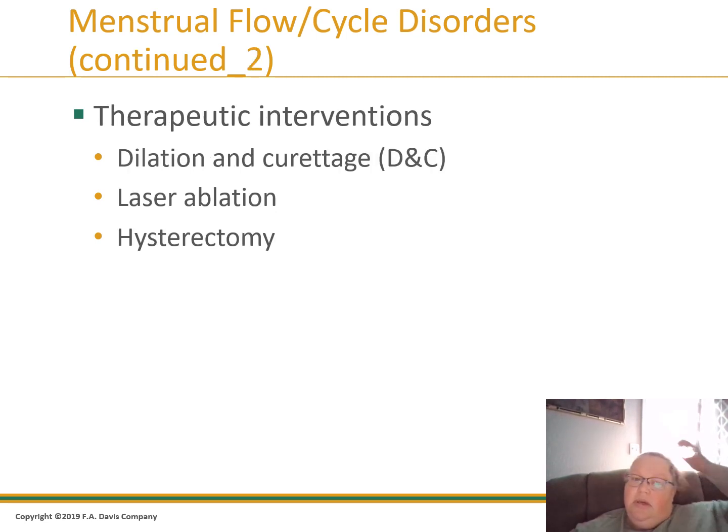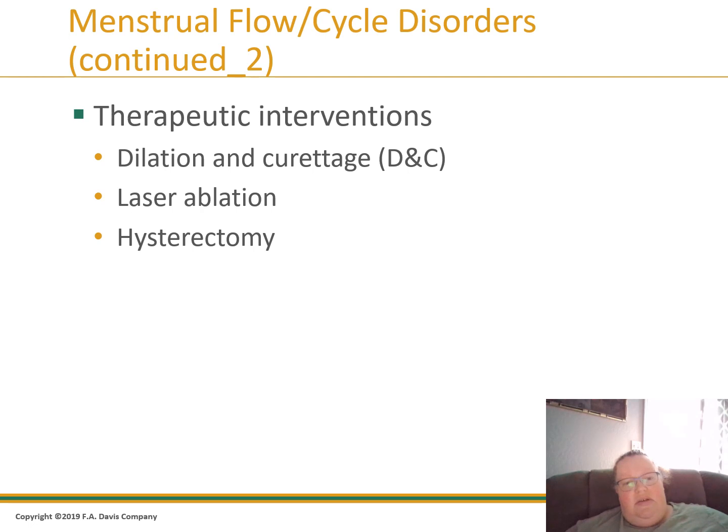So our therapeutic interventions include a dilation and curettage, which is just a D&C. Sometimes if a miscarriage is happening and there are still parts of the miscarriage, they'll do a D&C to ensure that the body stops bleeding and the uterus can contract completely and close.